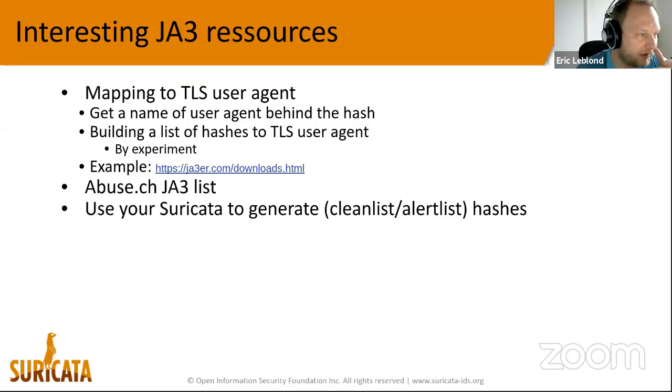You can also detect bad JA3 hashes, and one list of them is published by abuse.ch. You can also use Suricata with the dataset option. We will not go into detail on that, but you can generate a clean list and an alert list to generate events and alerts based on hashes that you know are good and hashes that you know are bad.